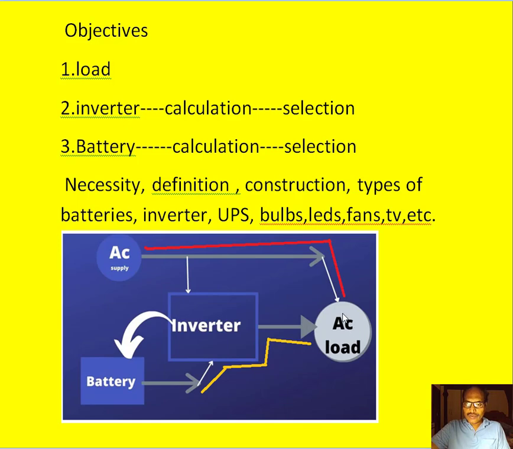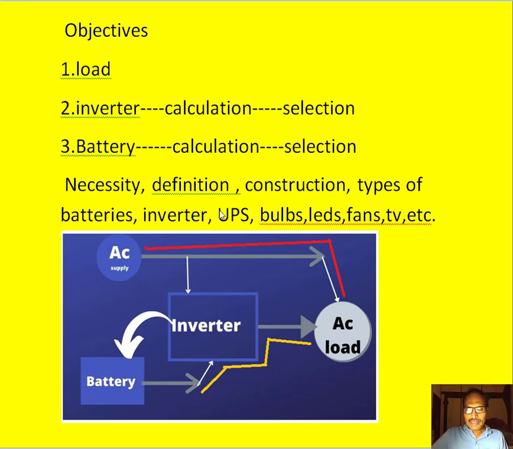In that case, we need an immediate power supply to the AC load. For that purpose, we need a device which we call an inverter, and if it is a high speed inverter, we call that a UPS.